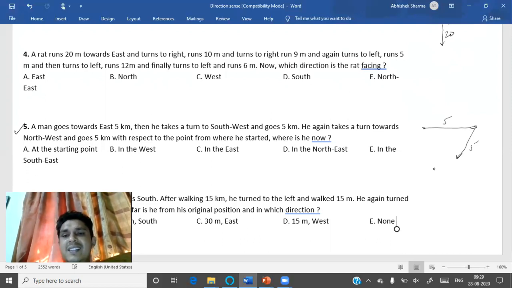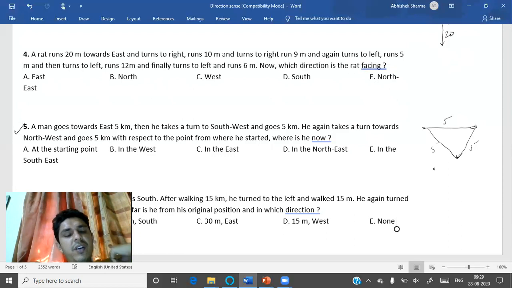He again takes a turn toward northwest and goes 5 kilometer. That means this will be the direction northwest and 5 kilometer, right? Where he is now.